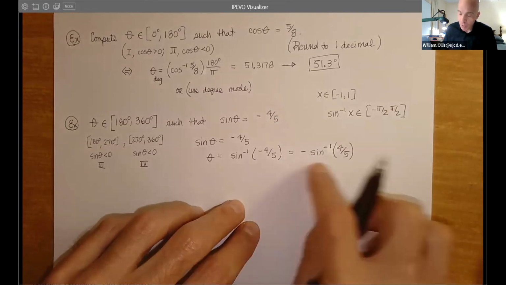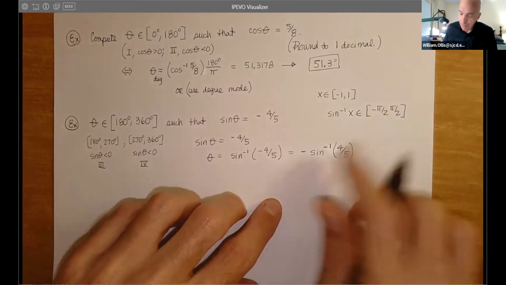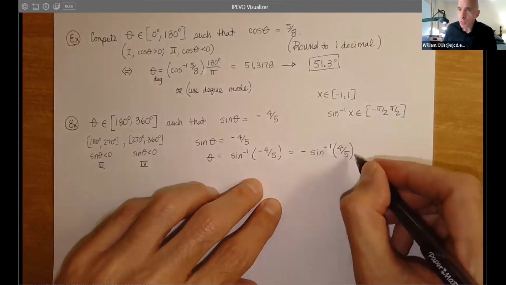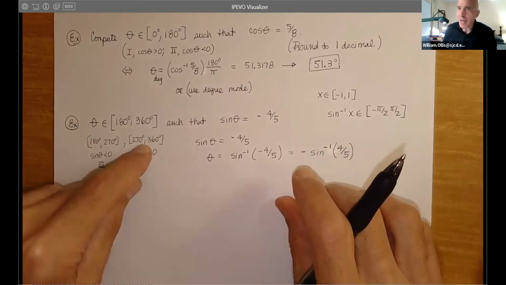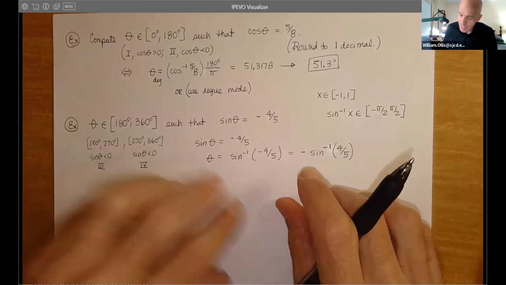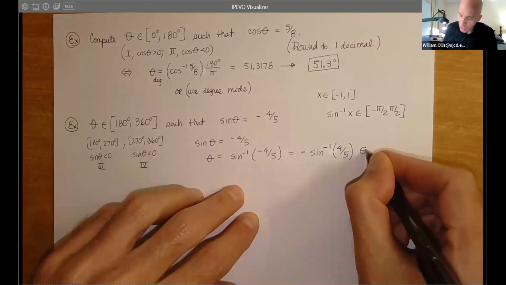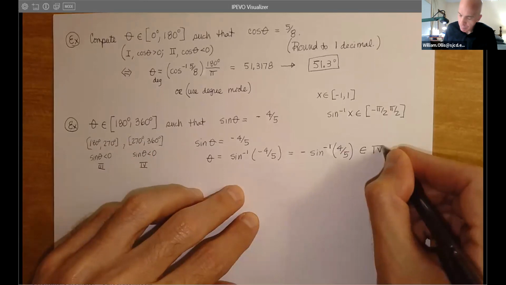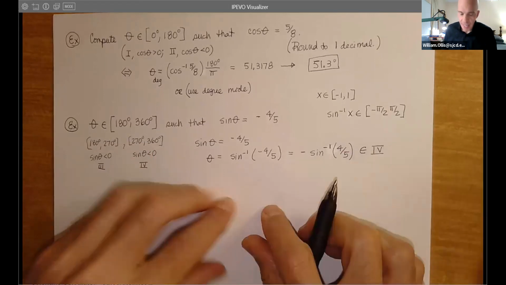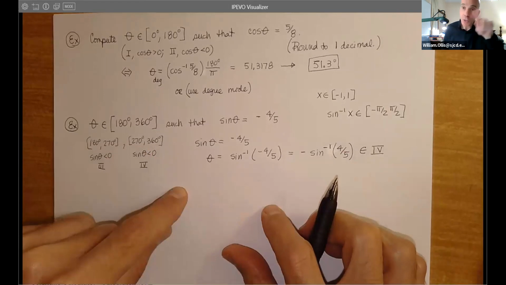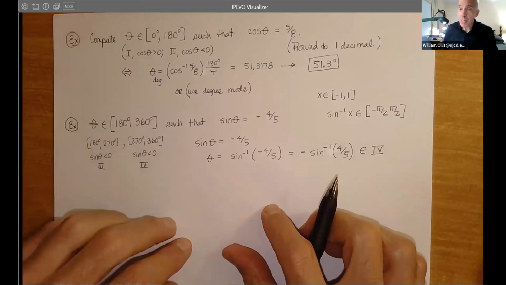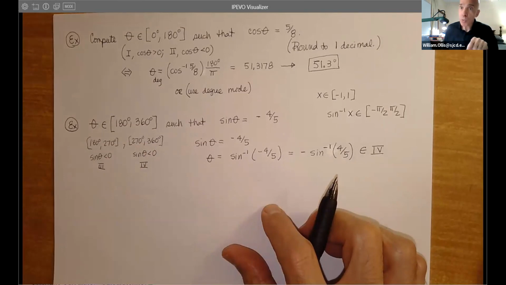So now when we look at this, we're thinking, okay, this is in the fourth quadrant, but it's not a positive angle. So in order to get the theta here, I would have to add 2 pi or 360 to put it at a coterminal angle that would live in here.